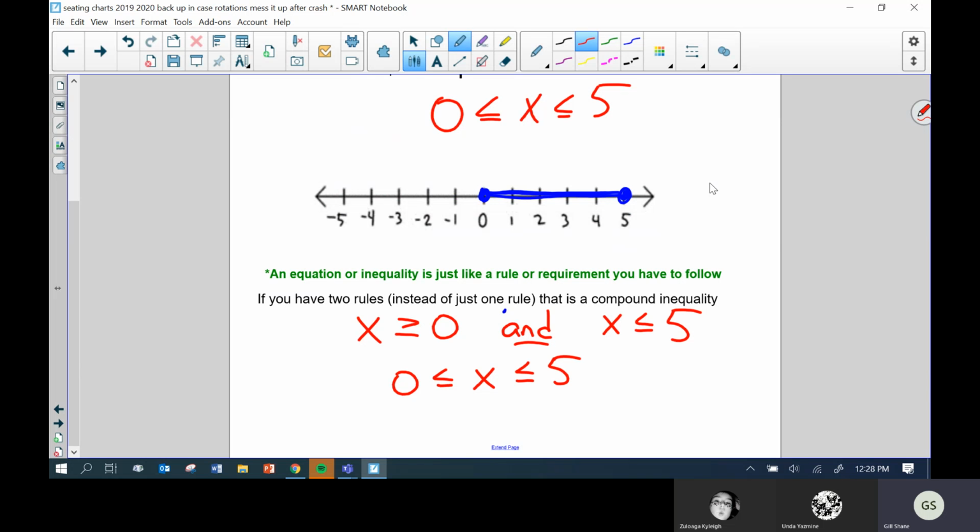Like that. So this is the same thing for this type of problem. You would read those the same exact way. X is greater than or equal to 0 and x is less than or equal to 5. You'd say the same thing down here. X is greater than or equal to 0 and x is less than or equal to 5.